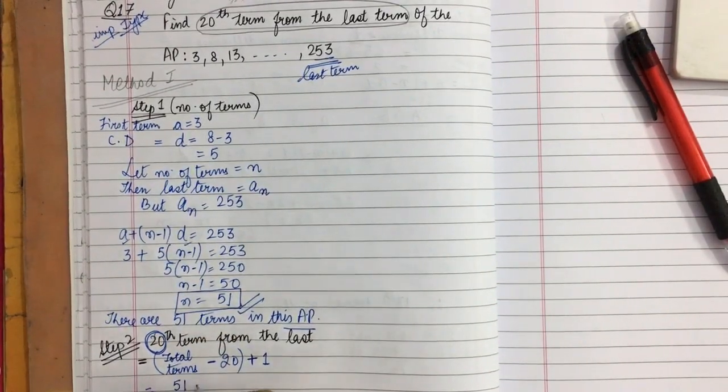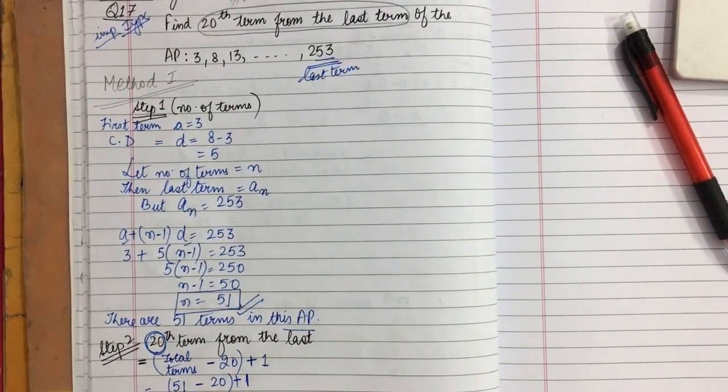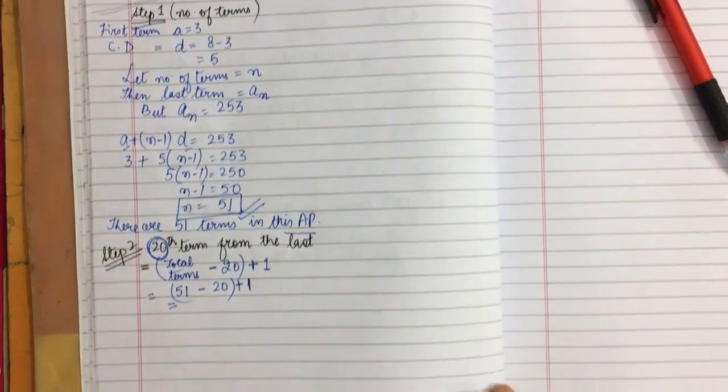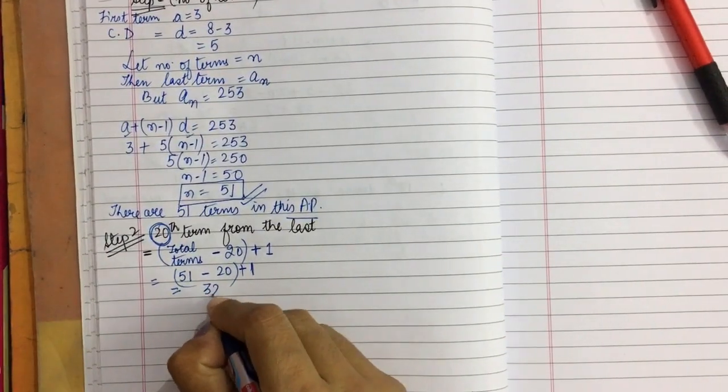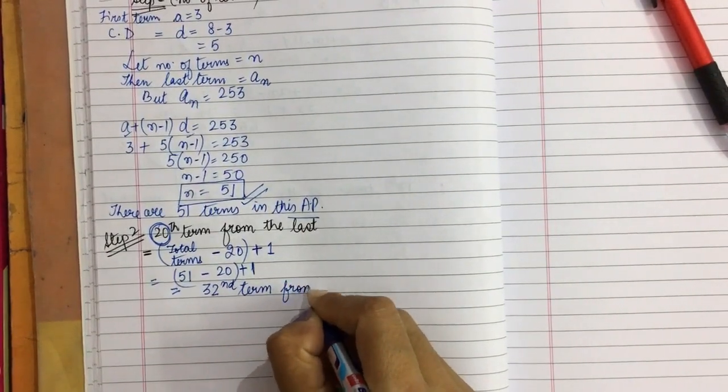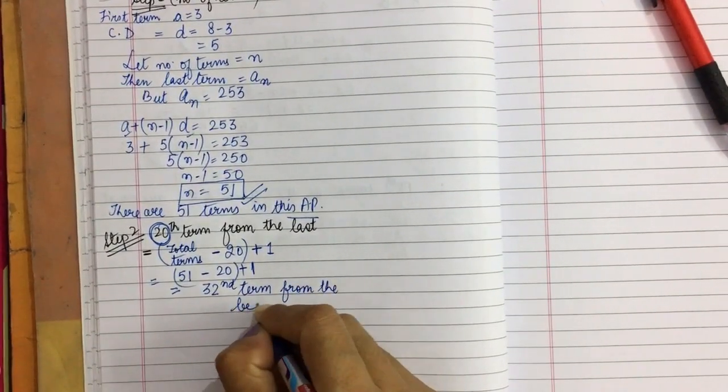So this will be 51 minus 20 plus 1. This is 32nd term from the beginning.